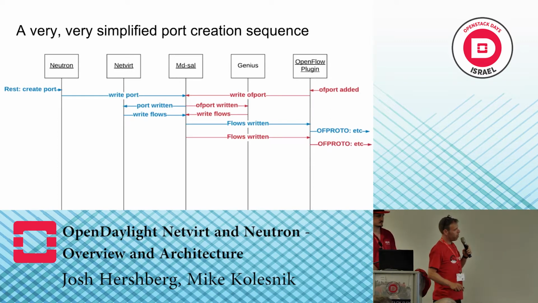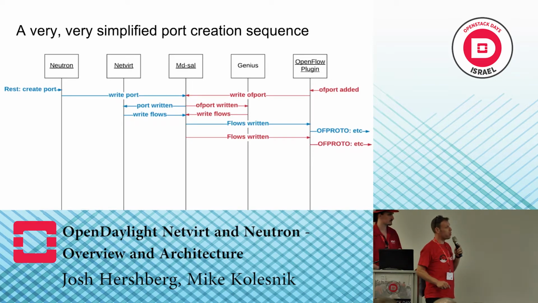And then on the southbound, more or less concurrently, there is an event coming from OpenFlow saying, hey, there's a new OpenFlow port. So if I've spun up a VM, technically speaking, this happens slightly before the VM actually comes up, but for all intents and purposes, these two things more or less occur at the same time. And both of those events are correlated through the model, remember that it was all model driven.